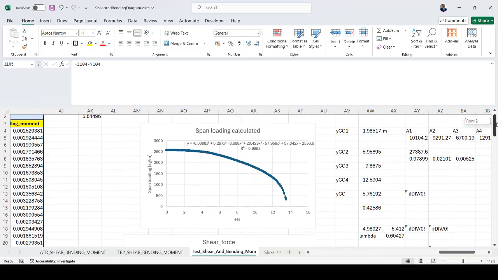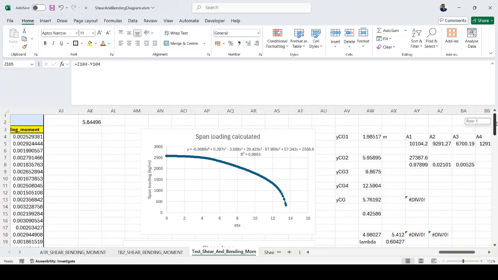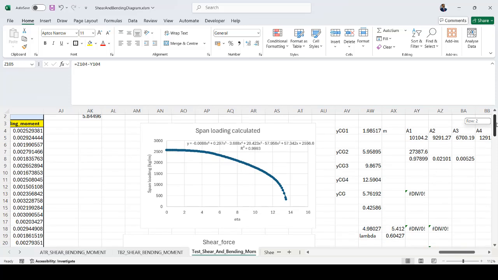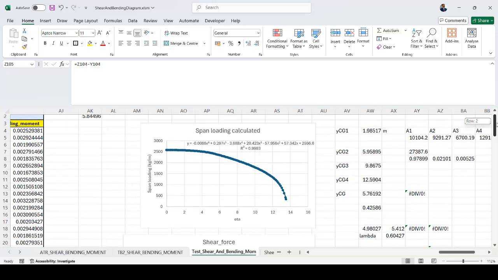But it's simple: we split this from 8 to 13 meters into many little trapezoids, so that the summation of the load generated from each single trapezoid gives us the load acting in this little portion.